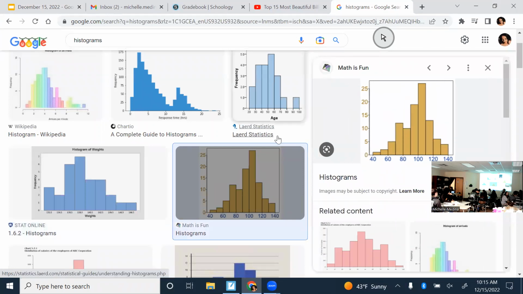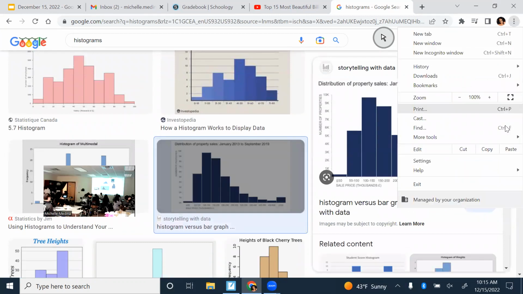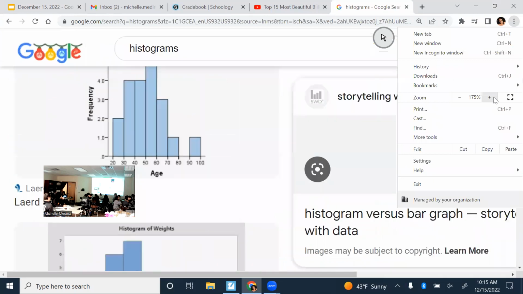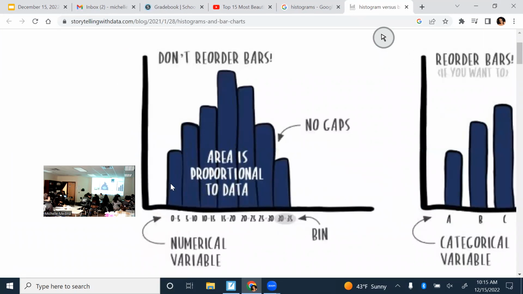Histograms have bars that are touching. So this first bar in this random picture I pulled up goes from 0 to 5. But also notice that it has this bar labeled as 5 to 10. If it's labeled like this, really it should be even amounts in each bar and they shouldn't overlap.